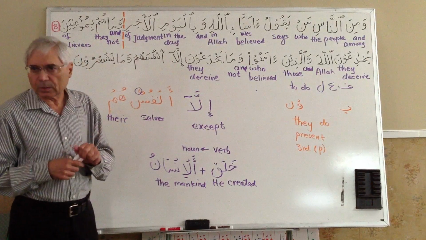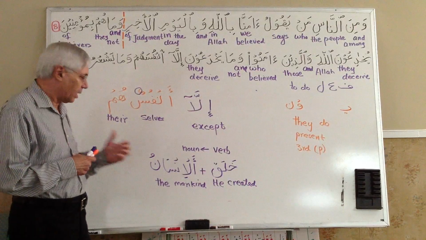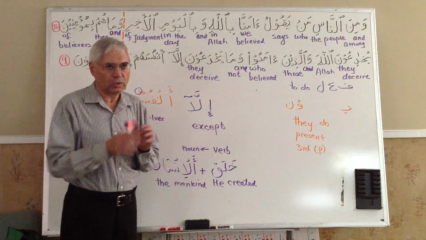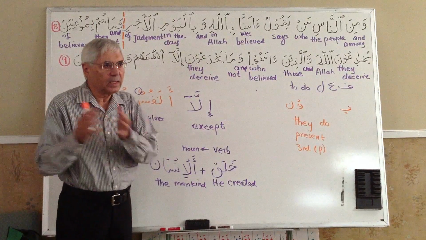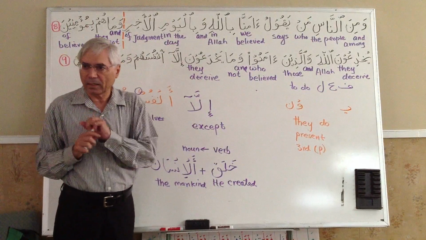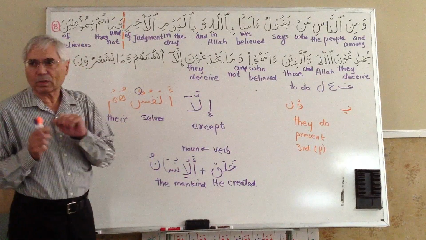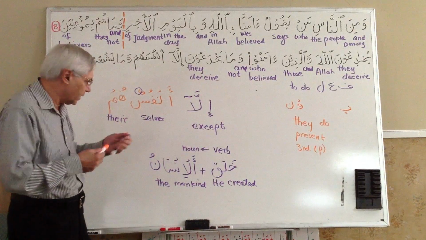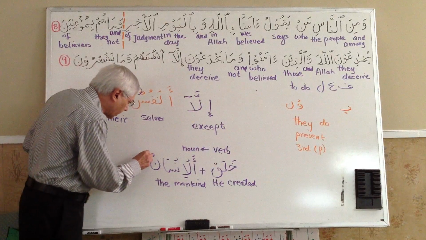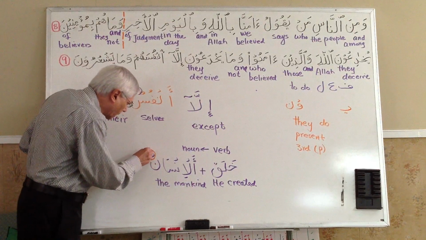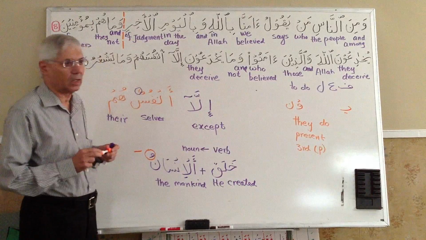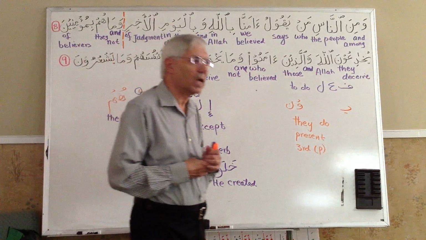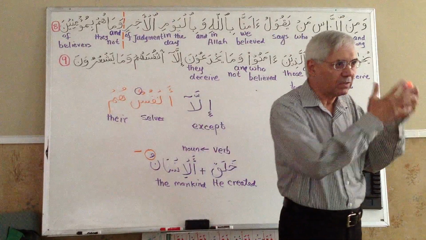If I combine these two words together, in English we will say, he created the man. You just write down straight English, he created the man. In Arabic, it will happen that something will change when we combine. And the change will be that this dhamma will be pronounced as fatha. It will be pronounced as al-insana. Khalaqa has effect.